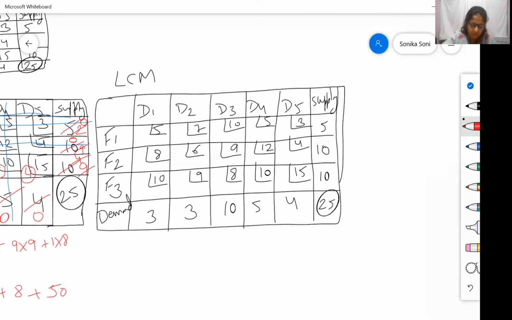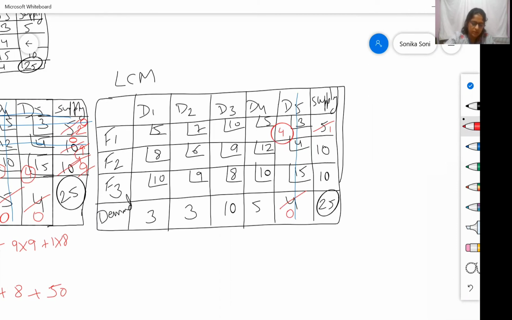How much can we allocate here? We have demand as 4 and supply as 5. So we can allocate only 4, which means demand becomes 0 and supply becomes 1. Now we will cancel the D5 column out.